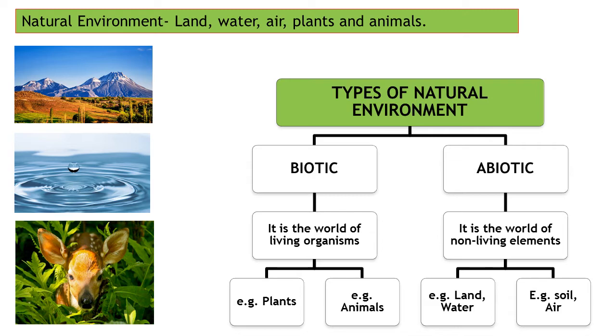And the non living natural world is part of abiotic environment. So land, water, soil, air, they all are non living. But will I include my pillow into abiotic because pillow is also non living? No, because pillow is not natural. So abiotic and biotic, these are two components of natural environment.